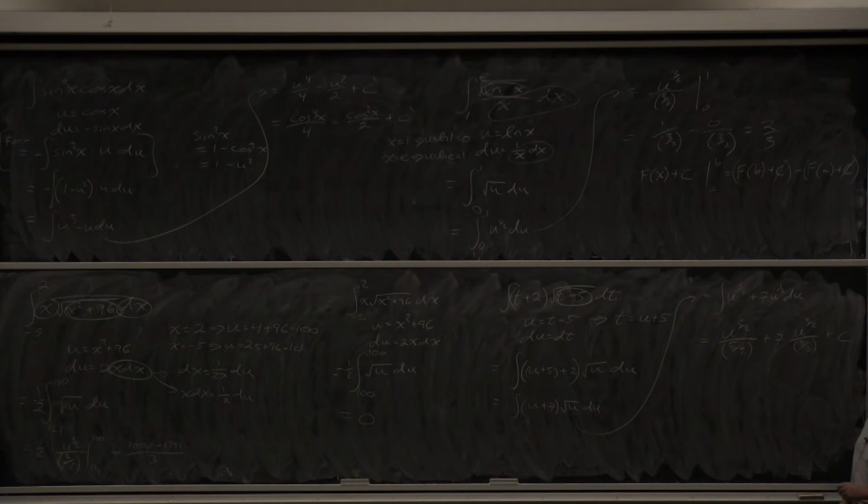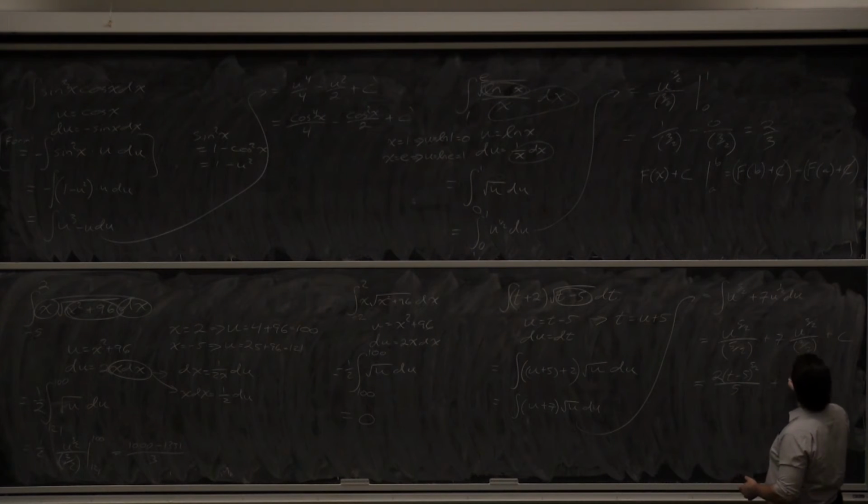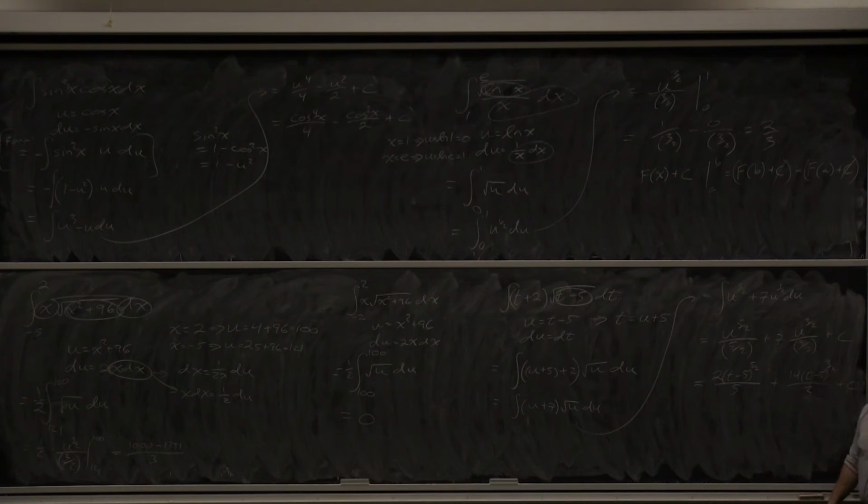We should simplify that a little bit. Besides, we need to take an extra step to go back to our original variable. So 2 times t minus 5 to the 5/2 all over 5 plus 14 times t minus 5 to the 3/2 over 3 plus a constant.